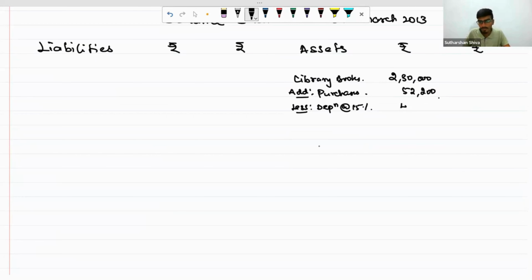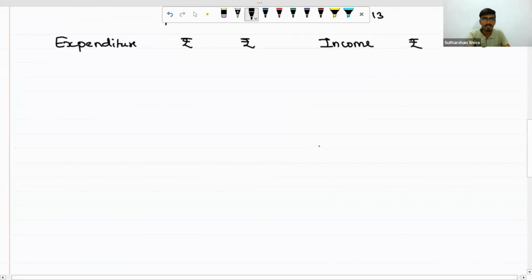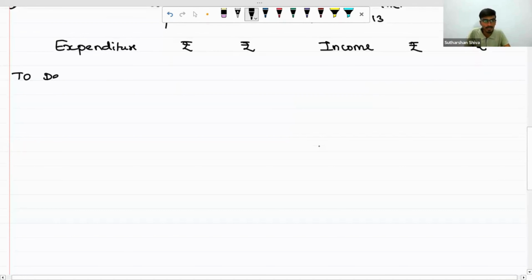What is the value? 42,330. Then press minus equal to. We'll get 2,39,870. 2,39,870.